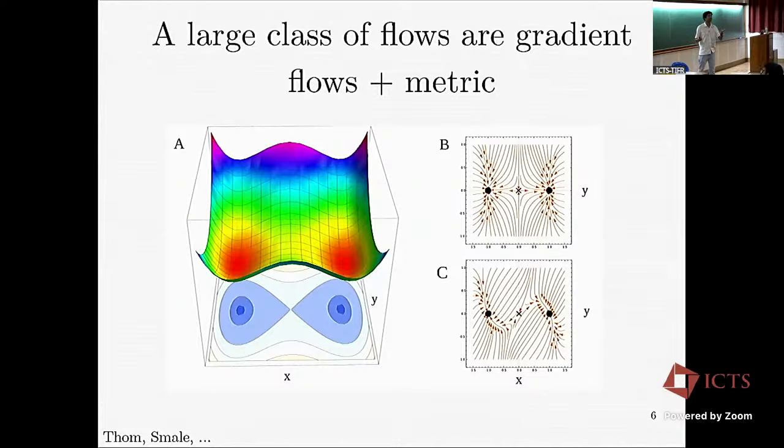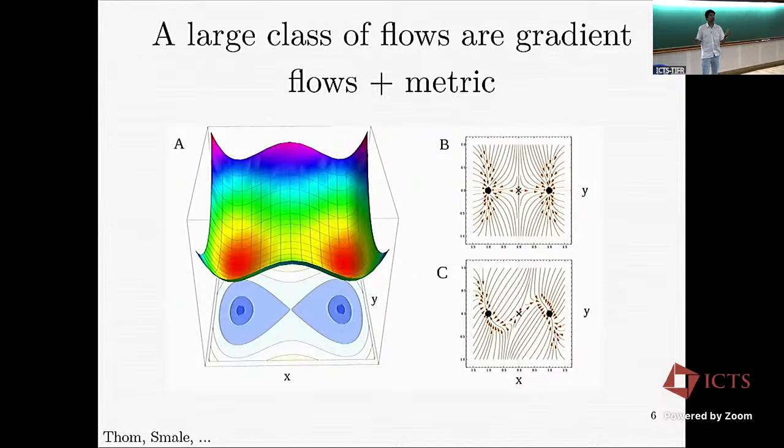Gradient flow means that it's a gradient of a potential, with the caveat that you need a Riemannian metric. And so it turns out that you can take a large class of flows. I'm not going to tell you the precise details, I can discuss offline, but just to tell you a few of the assumptions that go into this.